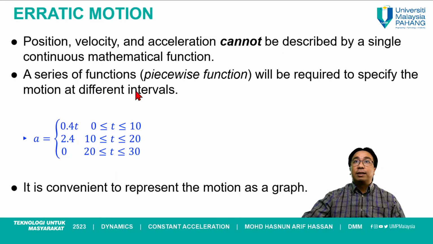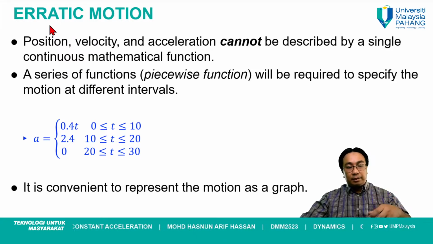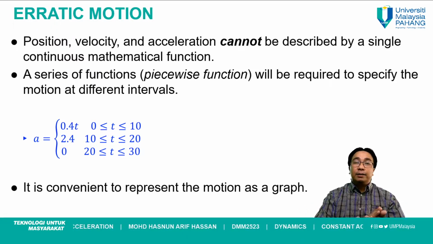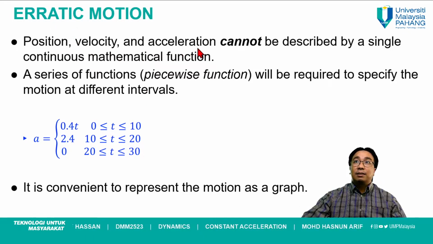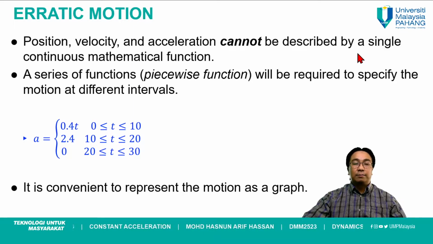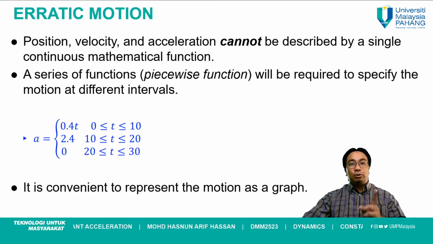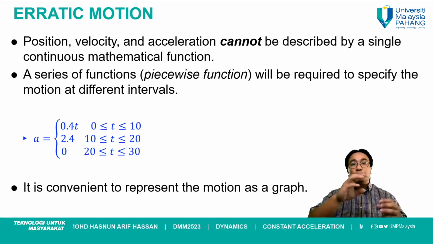The difference with erratic motion is that it is the opposite of continuous motion. In erratic motion, position, velocity and acceleration cannot be described by a single continuous mathematical function. It means we cannot have just one mathematical equation to describe the motion because it keeps changing.